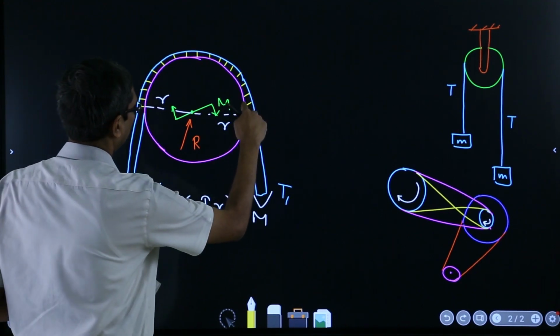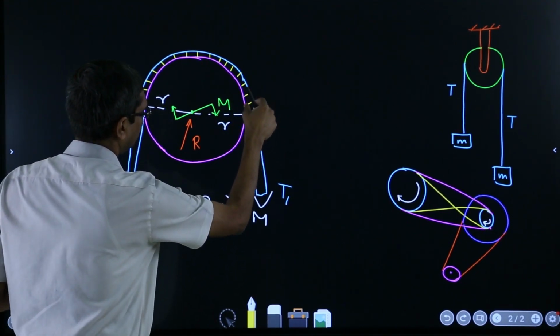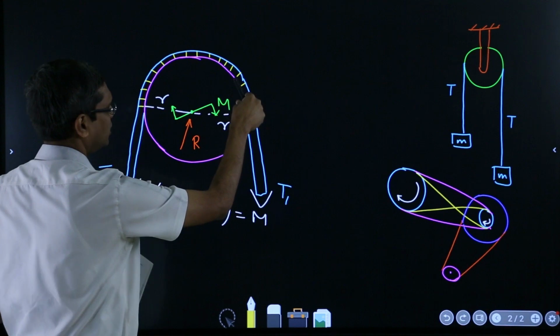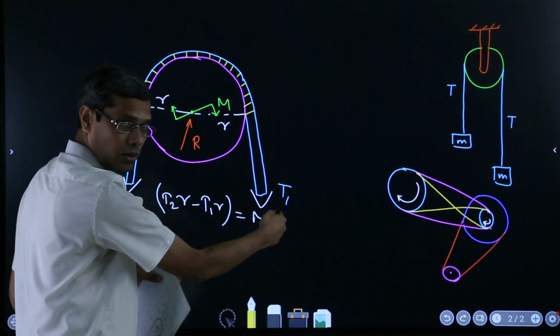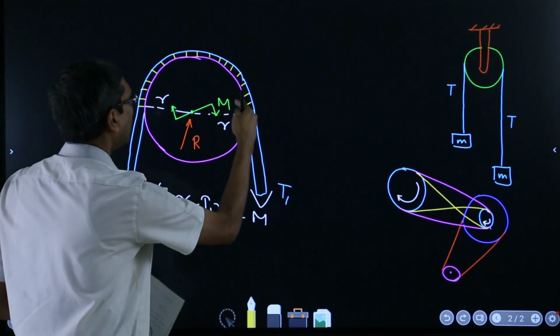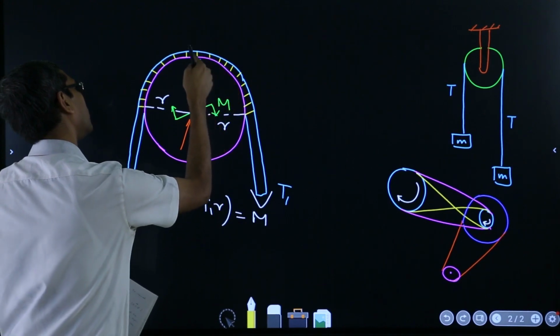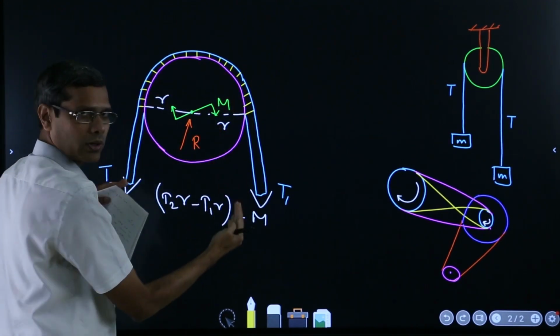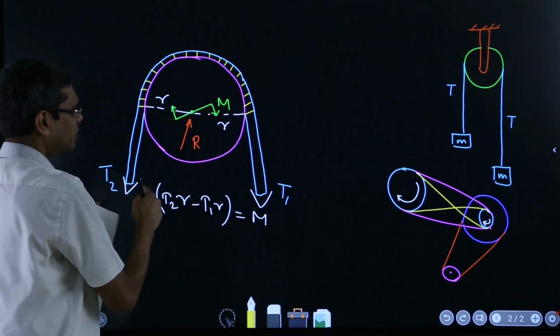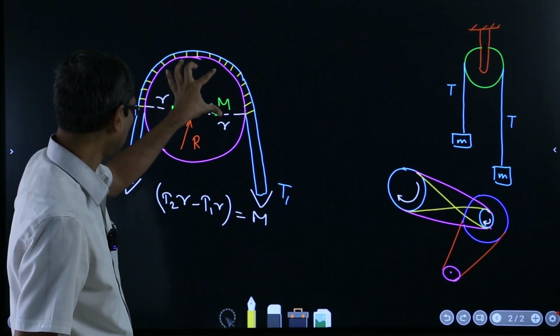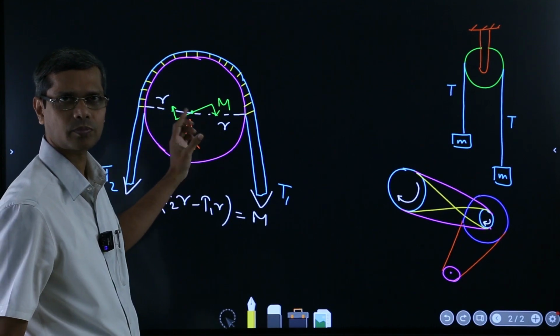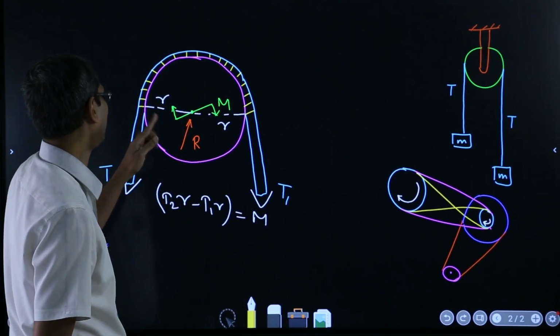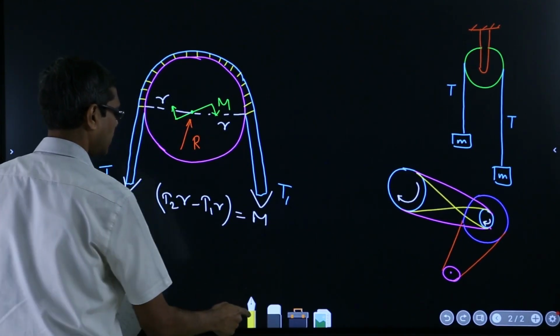At this point it will be the lowest friction which is being pulled on this tension, and then these frictions keep on adding. If it is about to move on this side, that means the belt is about to rotate in the counterclockwise direction, then the friction obviously will be acting the other way.